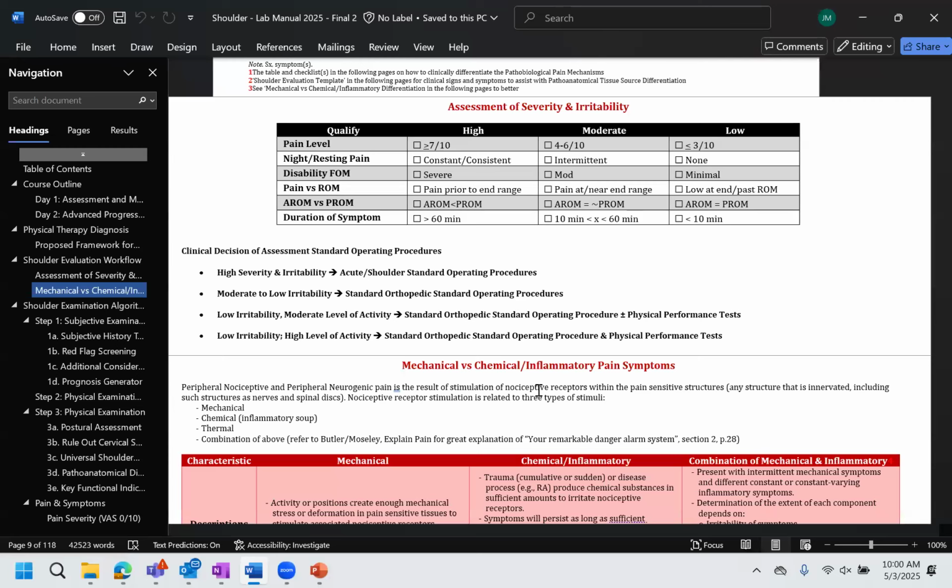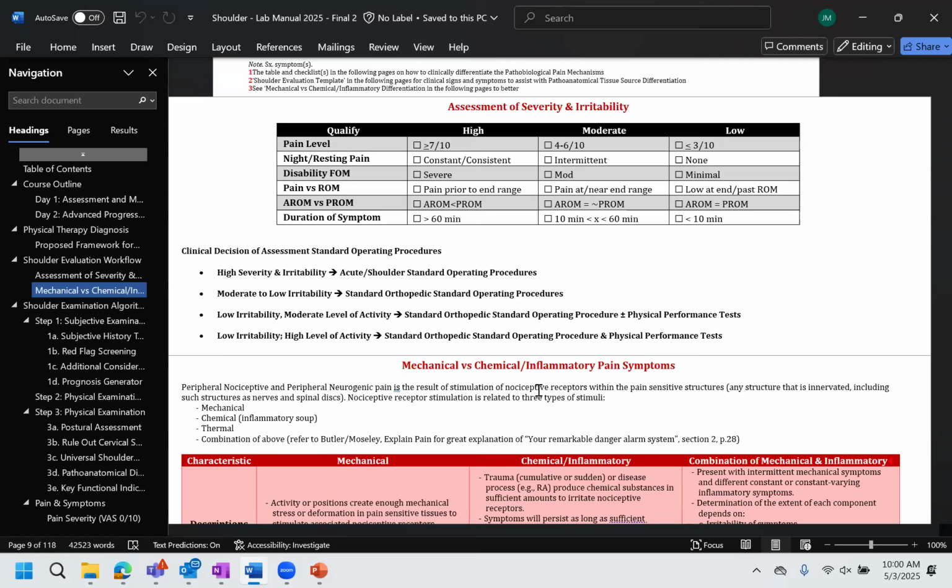What is their pain level? Do they have night pain and/or resting pain? Disability of range of motion, disability on their functional outcome measure, and do they have pain with range of motion? Is it at the end range? Is it in the mid range? What is their active versus passive, and what is the duration of symptoms?